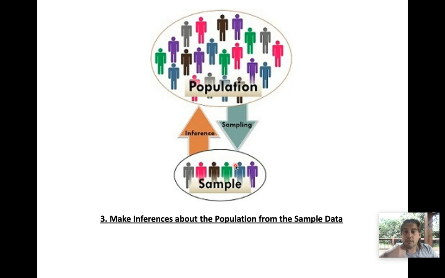But it turns out that I did my sampling by only collecting data from students who are in intensive tutoring classes, let's say. Right? Only students who are in these tutoring classes.